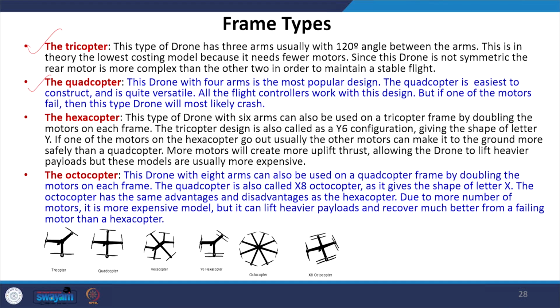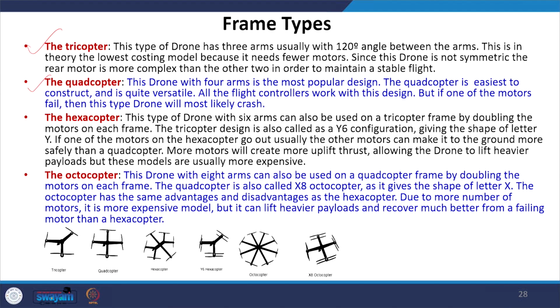Hexacopter, it has 6 arms, as you can see in this particular figure also, that we have the hexacopter, the tricopter, quadcopter, etc. It uses a tricopter frame also and doubles the motors on each arm.